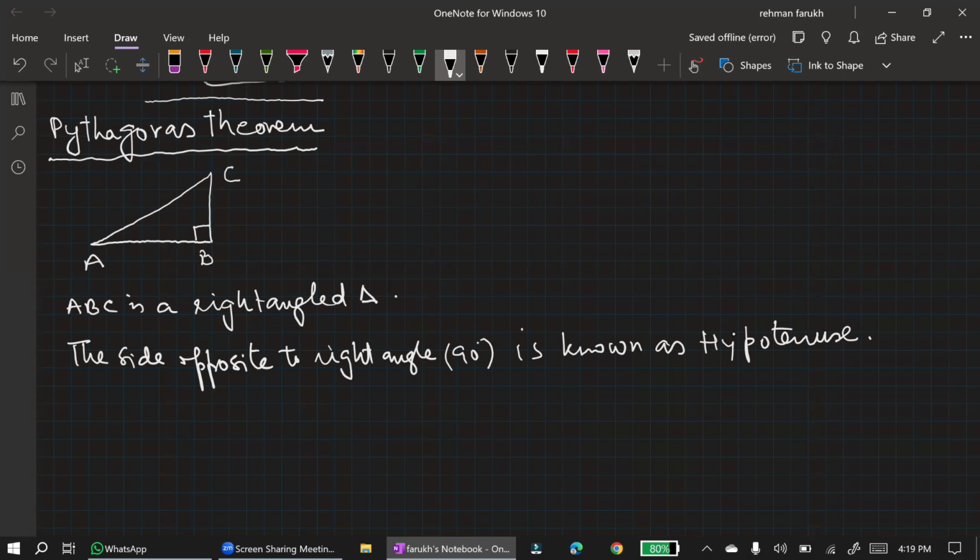There are three sides of this triangle: AB, BC, and CA.